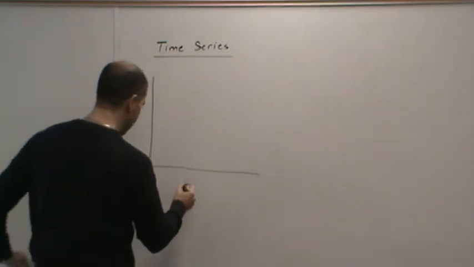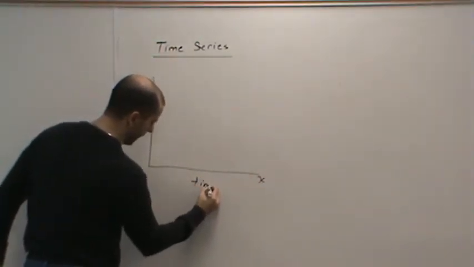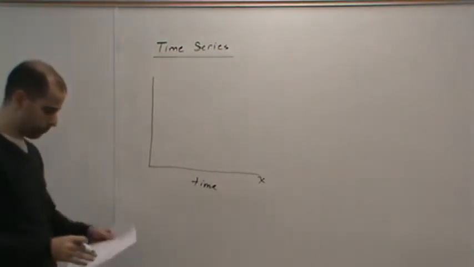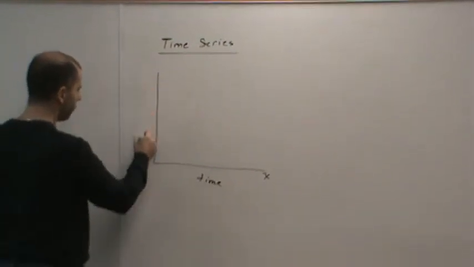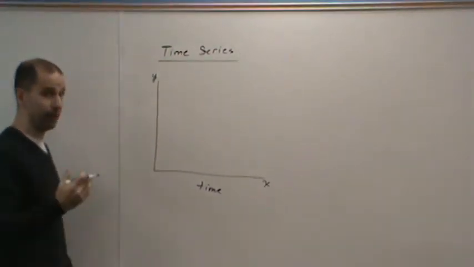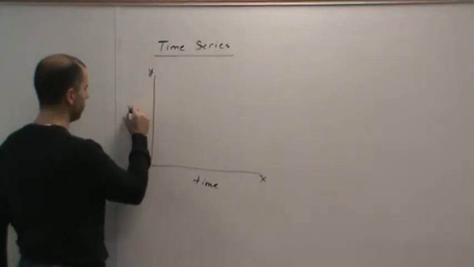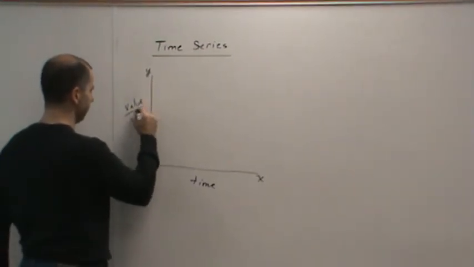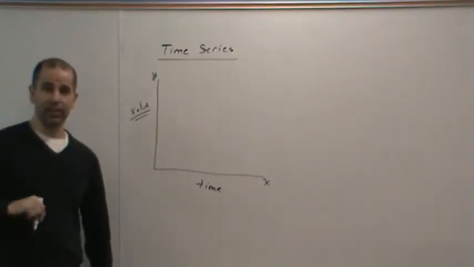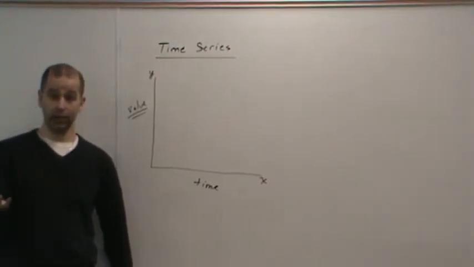So the x-axis is always going to be time, some increment of time. The vertical axis, y-axis, is going to be whatever you're measuring, whatever the value that you're measuring. Could be frequency, doesn't have to be frequency. It could be dollars, right?